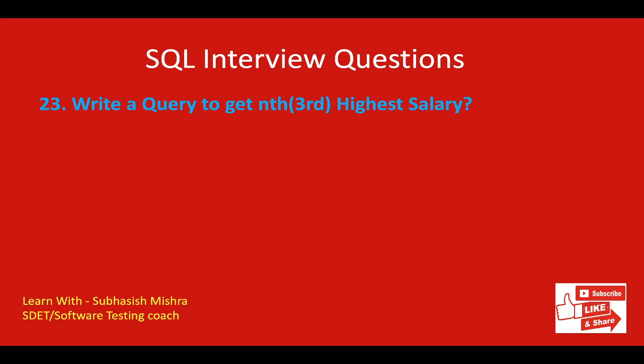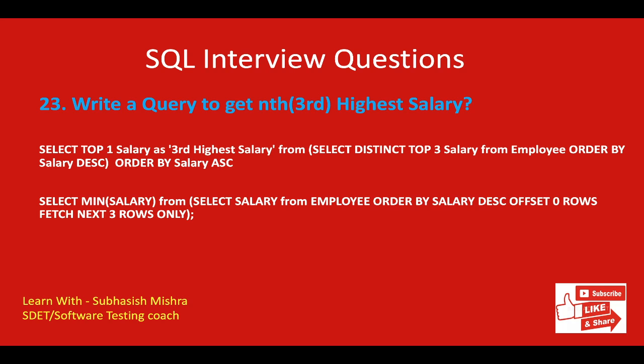So there are a few things, and you can write something like this using the top keyword. Select top one salary as third highest salary from select distinct top three salary from employee, order by salary descending, again order by salary ascending.